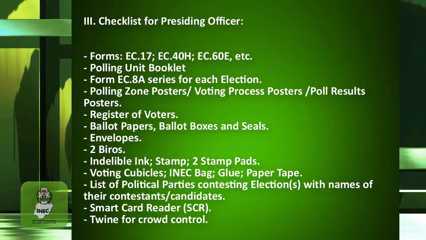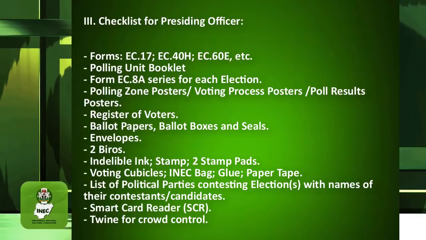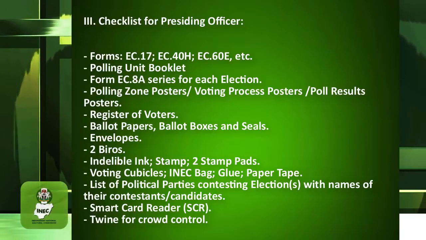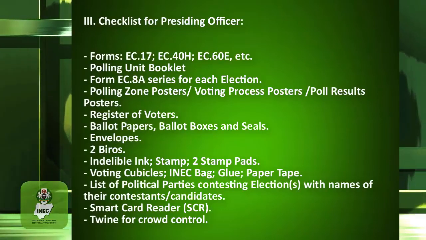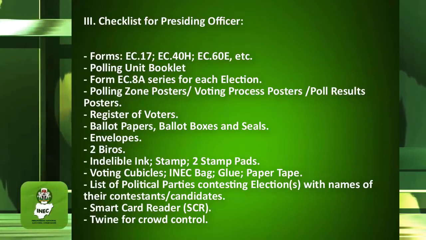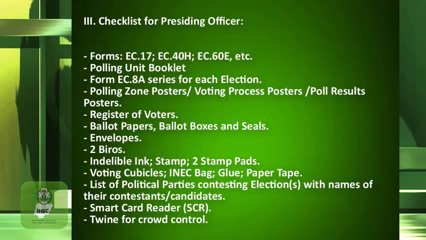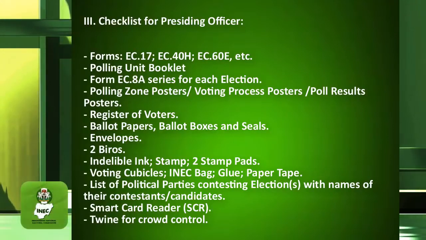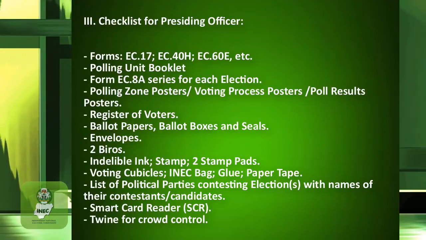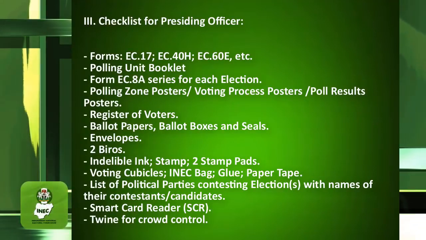Ballot papers. Ballot boxes and seals. Envelopes. 2 biros. Indelible ink. Stamp. 2 stamp pads. Voting cubicles. INEC bag. Glue. Paper tape. List of political parties contesting elections with names of their contestants or candidates. Smart card reader (SCR). Twine for crowd control.